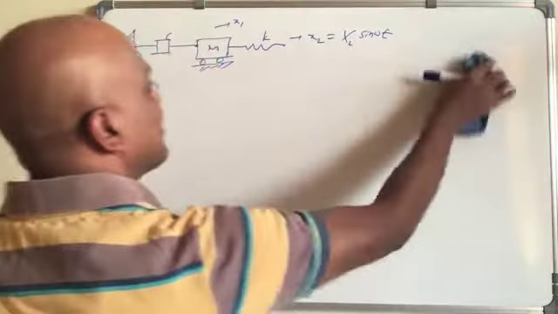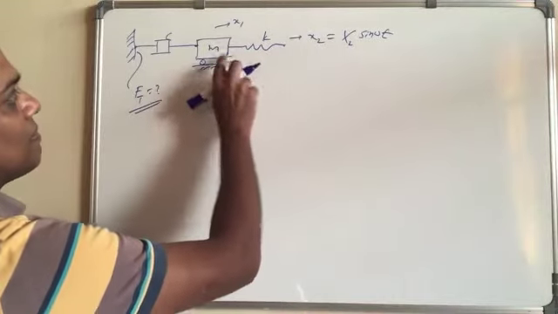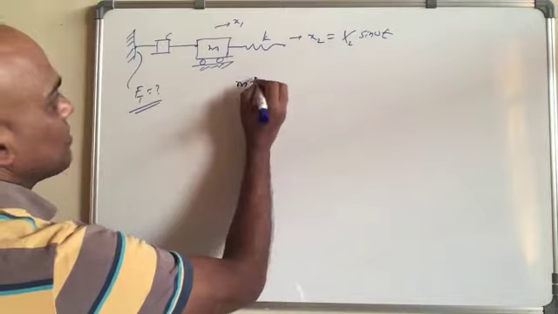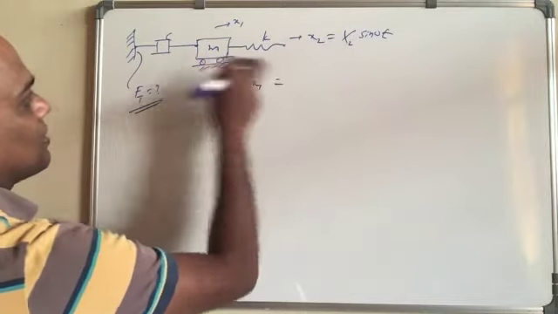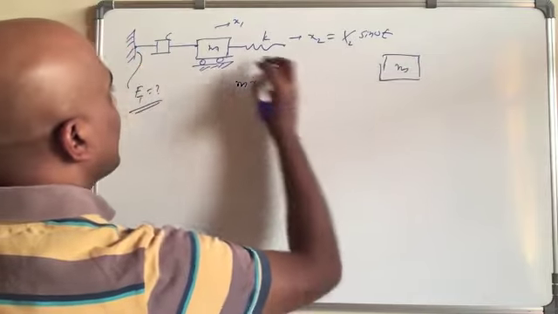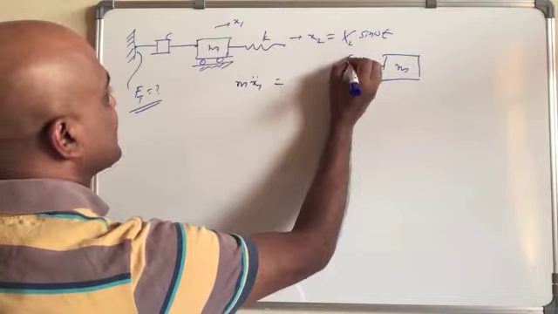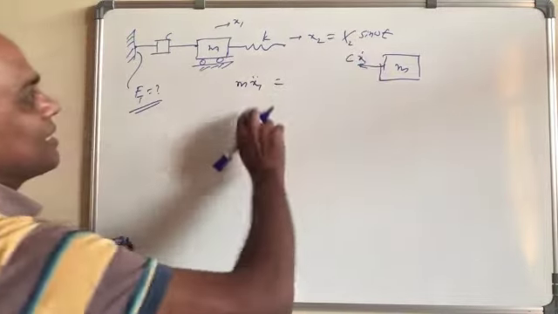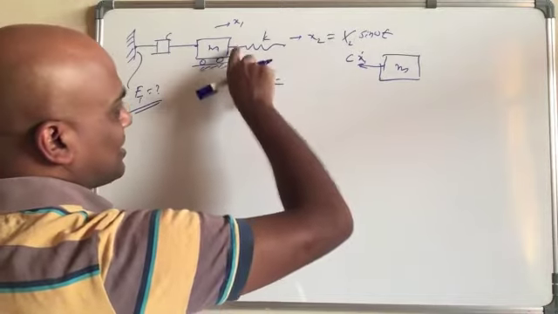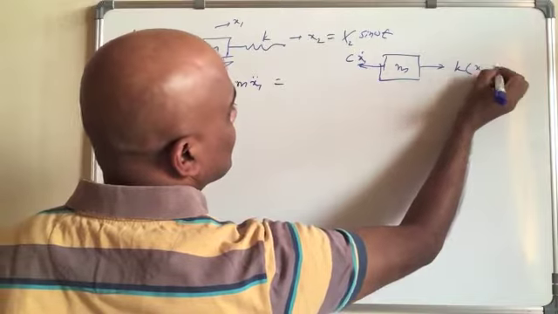Anyway, first you have to write the equation. You always start with the free body diagram, so you have m, and c x1 dot. Here you assume x2 is greater than x1, and hence there will be tension, so it will be k times (x2 minus x1).